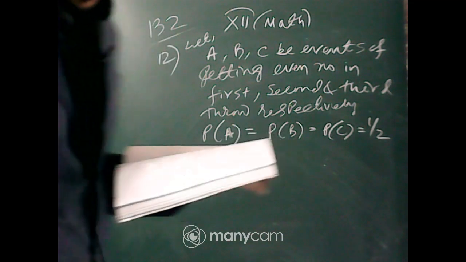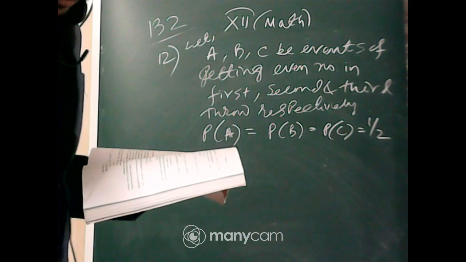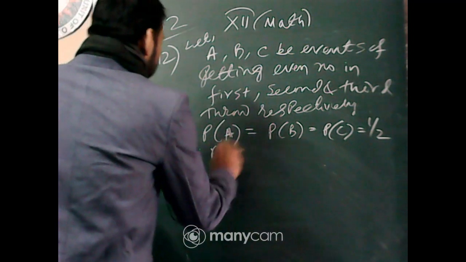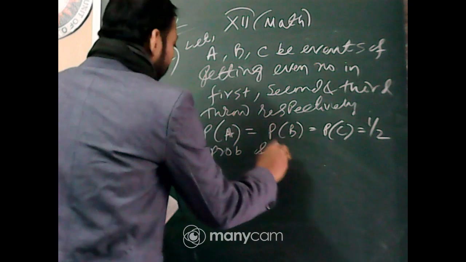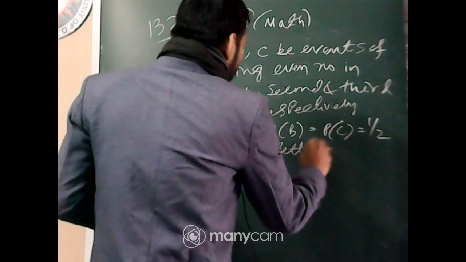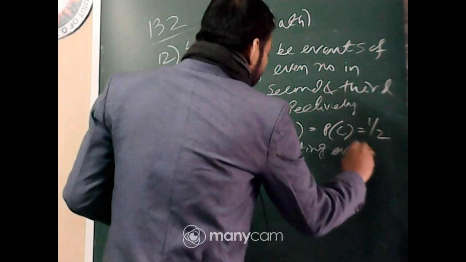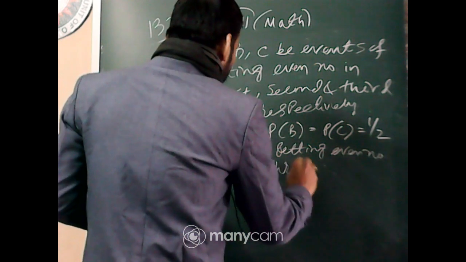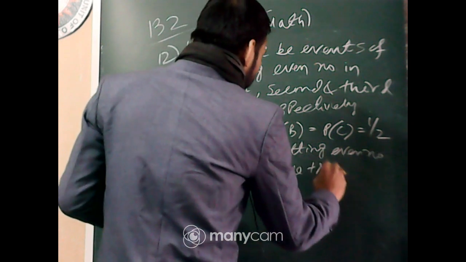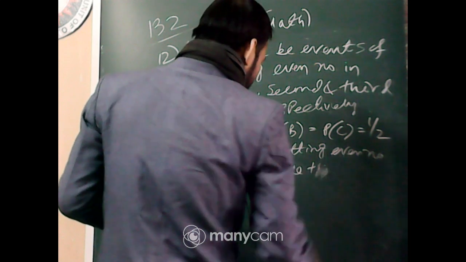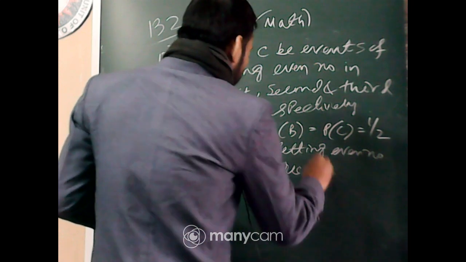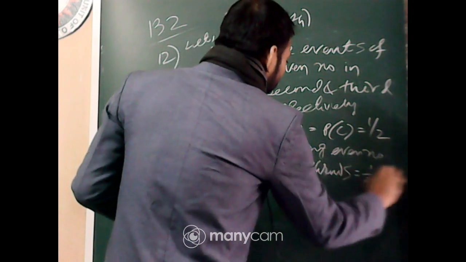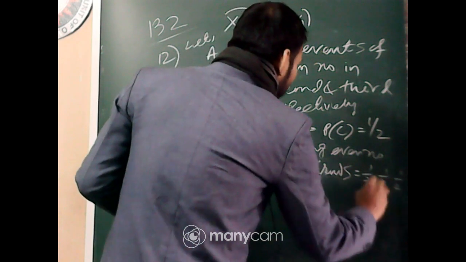Isn't it? Therefore, the probability of getting an even number in 3 throws will be 1 by 2 into 1 by 2 into 1 by 2, that is 1 by 8.